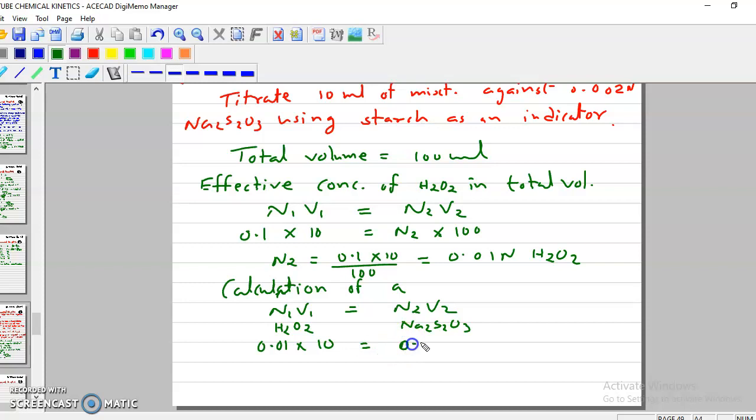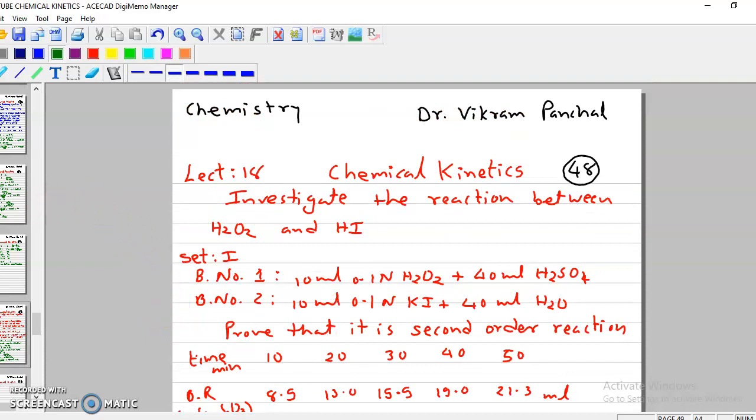Now N2 is 0.002, which is given, and V2 will be small a. So V2 is equal to 0.01 into 10 upon 0.002, and that is equal to 50 ml. So this is small a. Okay, so small a is 50 ml for this reaction.